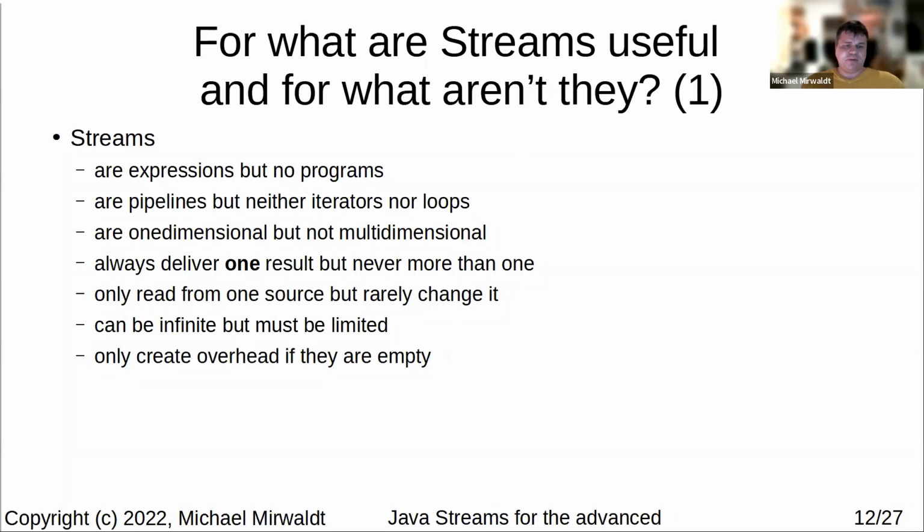Also, stream pipelines are not iterators and not loops, and they are not replacements for those either. So still use iterators and still use loops when they are better than streams. Iterators, for example, can do something that pipelines shouldn't do, which is to change the data source.